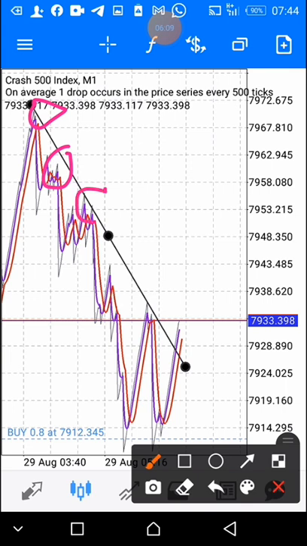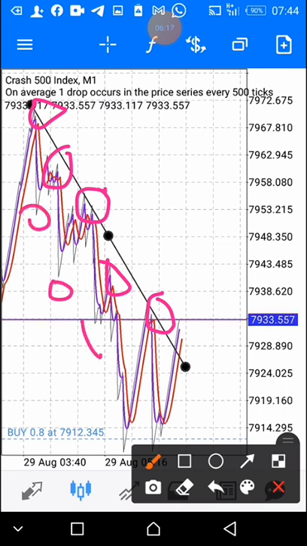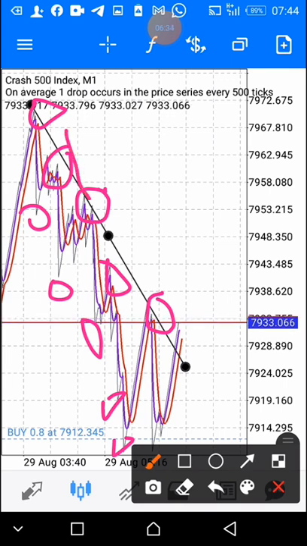This is the first high, then it was making lower highs like this, lower highs, and lower lows, lower lows, lower lows. When I saw it, I said, wow, this is going to be a good opportunity. And then as soon as it made this, you can see this step flow, like I told you, from here up to this point.